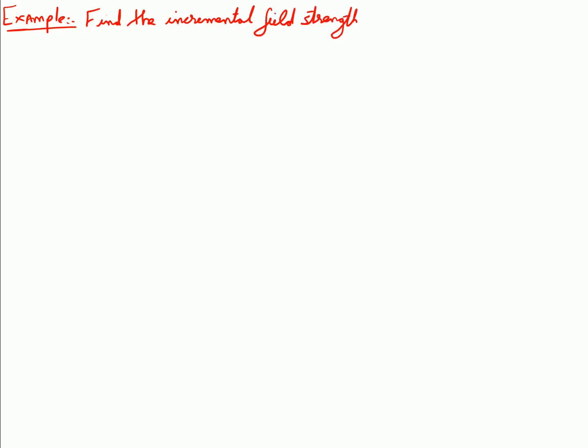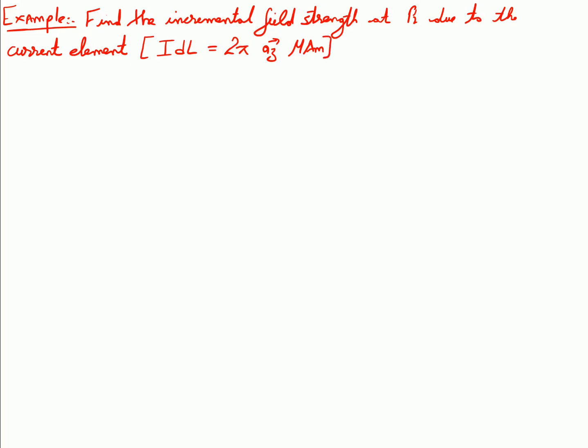So find the incremental field strength at point P2 due to the current element. What does current element mean? It is basically IDL. We represent the current element because this is the current moving in a small vector length. IDL has a value of 2 pi aZ with the unit of microampere meter at point P1.